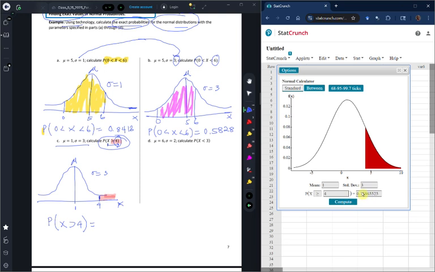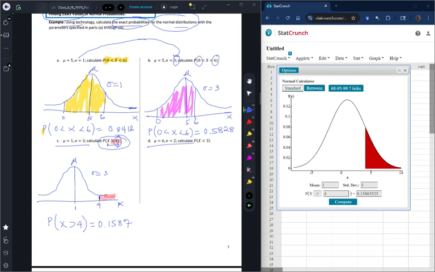And that is 0.1587 to 4 decimal places. Take note that this is greater than and this is greater than or equal to. For measured quantities, equal to 4 and greater than 4 are approximately the same.